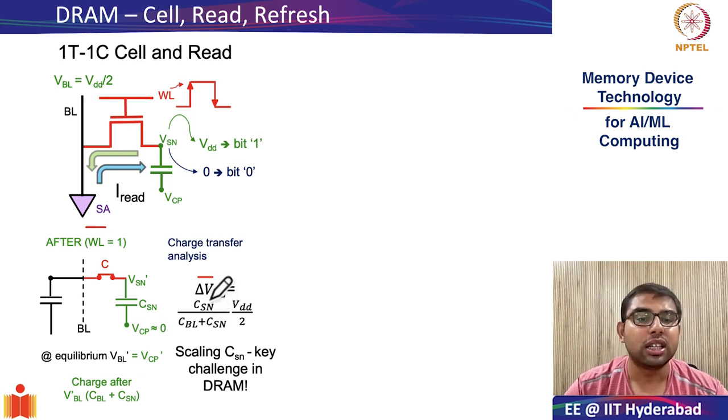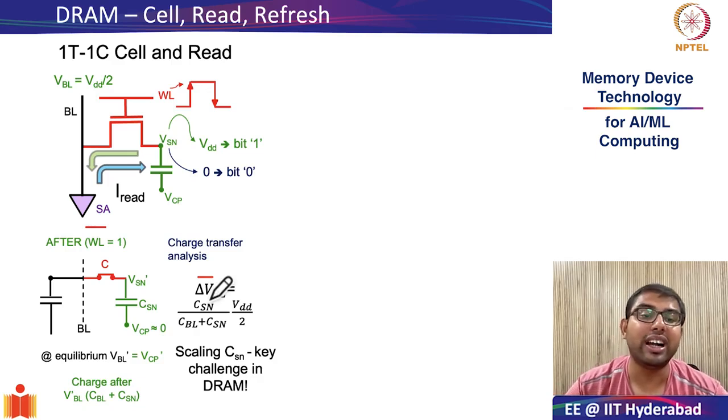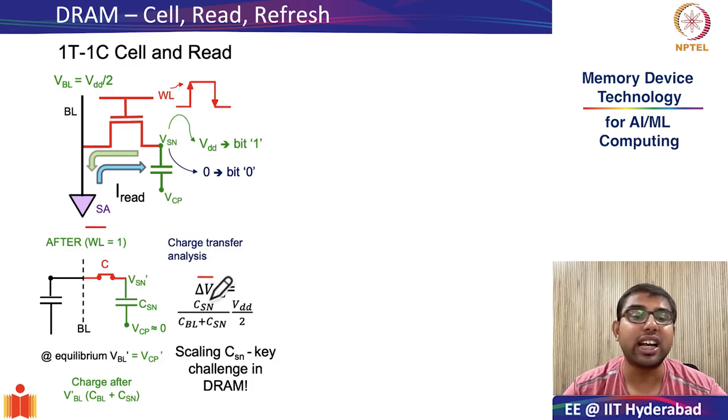Therefore, you have to maintain some reasonable value of storage node capacitance as you keep reducing the dimensions of your DRAM cell. And this becomes the key scaling challenge.